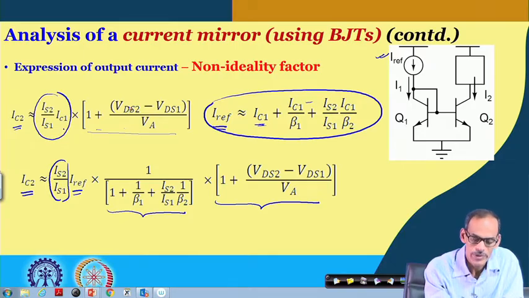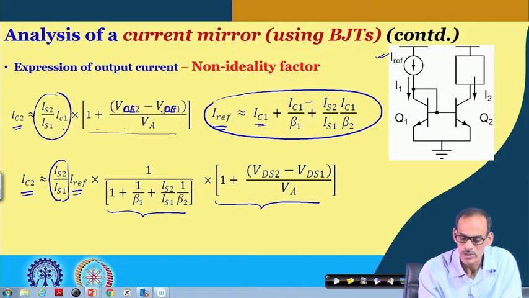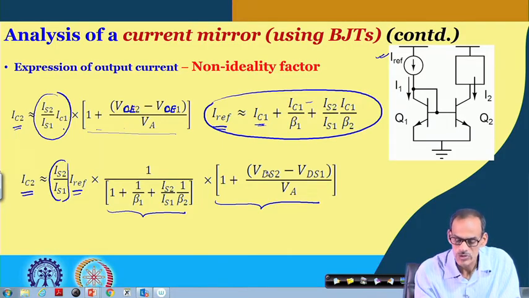Again I have repeated this mistake, sorry for that. This should be VCE2 minus VCE1. Same thing here also, this is VCE2 minus VCE1.